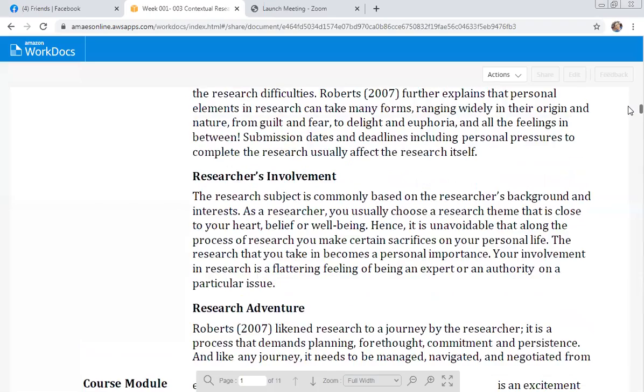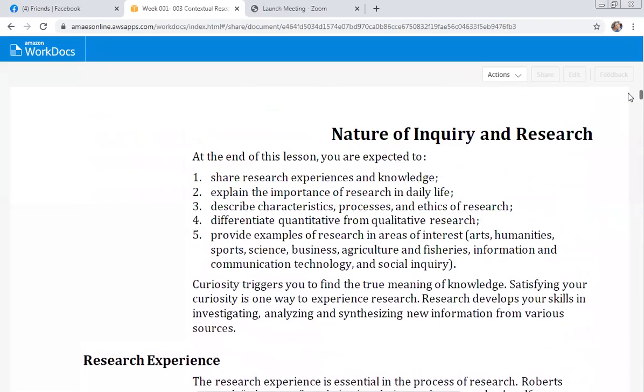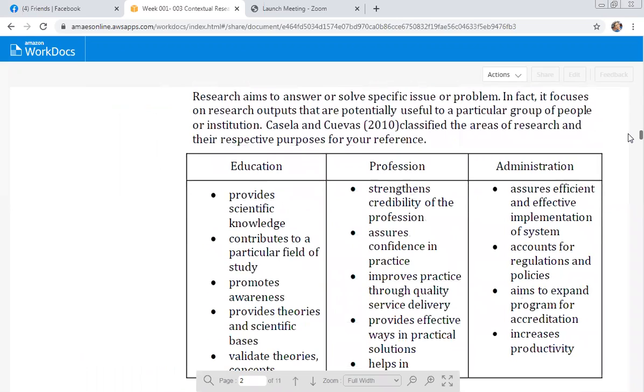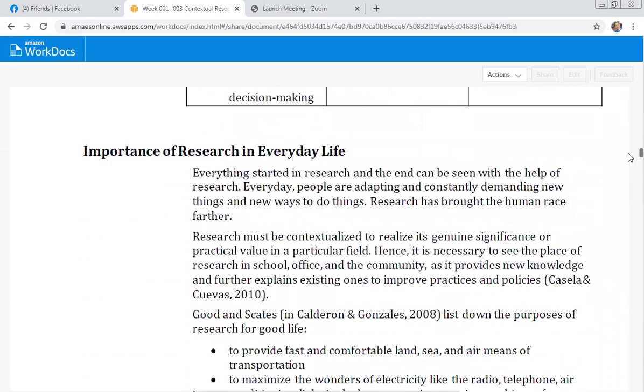We talked about how research started, how we can start a research project, the do's and the don'ts and the reminders every time we start a research. We also discussed the scope of research and the purpose of research when it comes to education, profession, and administration.